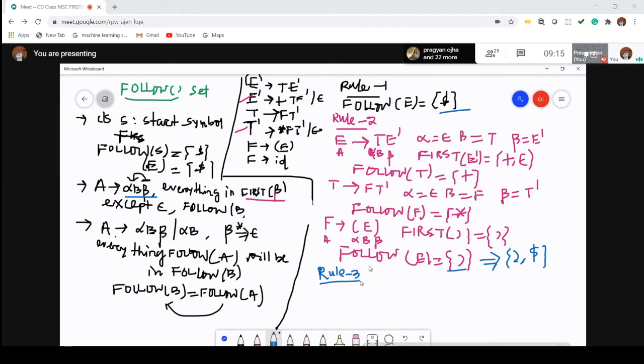So if you already took any production in rule number 2 in the form A to alpha, B, beta, the same production you cannot take over here. This alternate form you can take. It consists of two types of production: alpha, B, beta or alpha, B. If you already took the production in the form alpha, B, beta in rule number 2, you cannot take it in rule number 3. You may go for the alternate values.